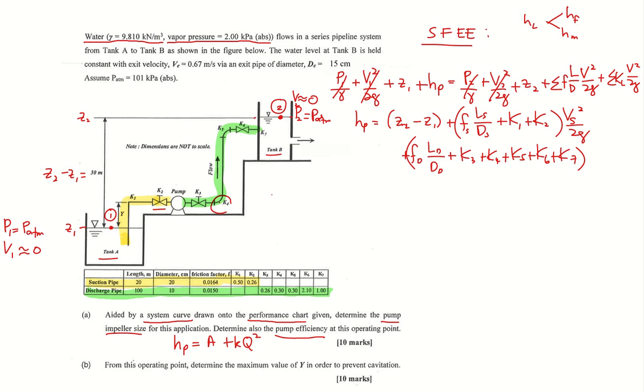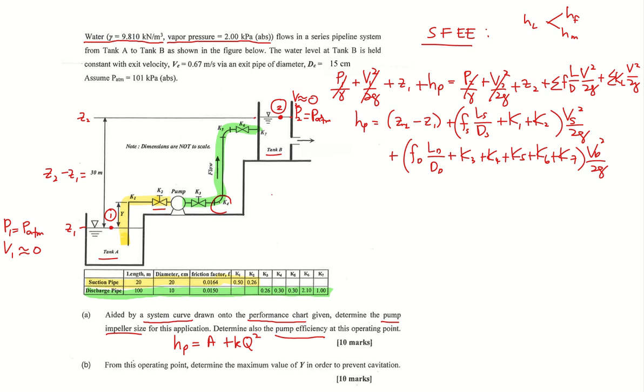If you have more or you have less, you have to follow the diagram. All right. The components. So VD squared over 2G. Okay. So all the values for F, L, D, K, and Z2 minus Z1, we already have.